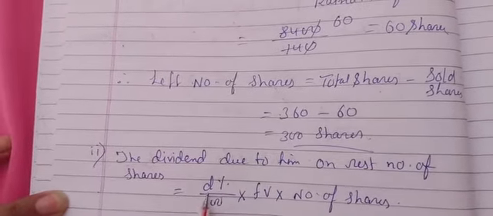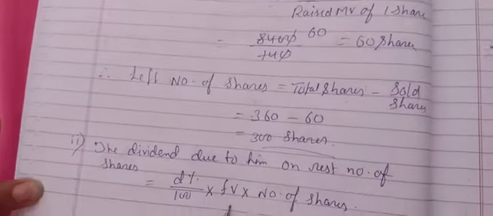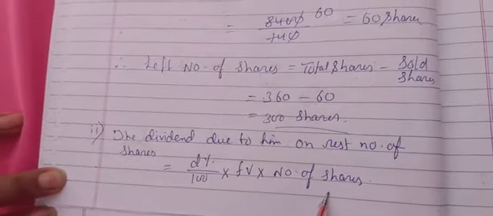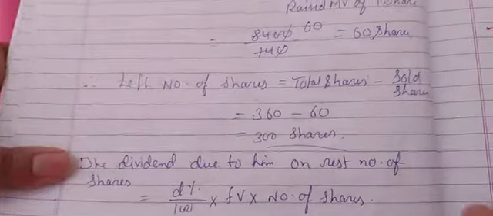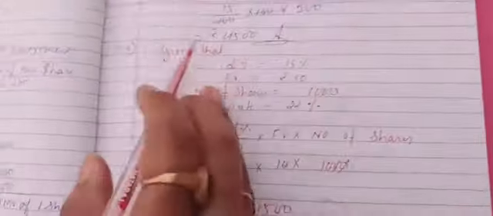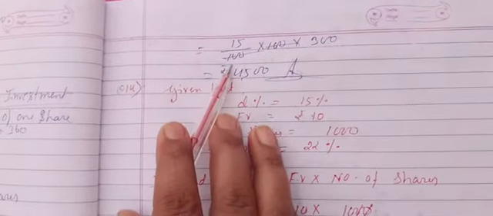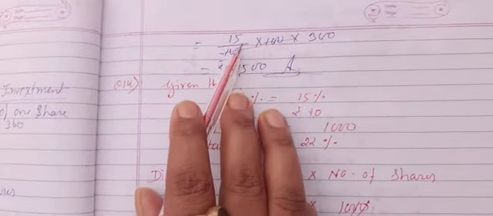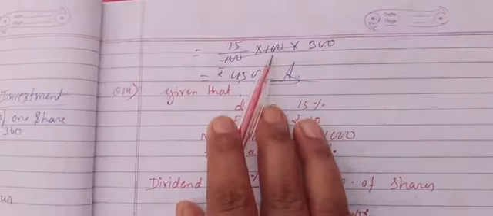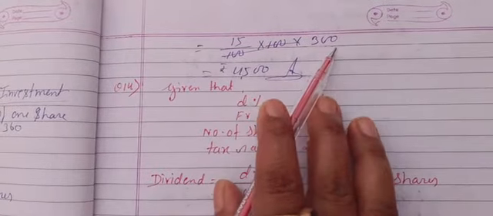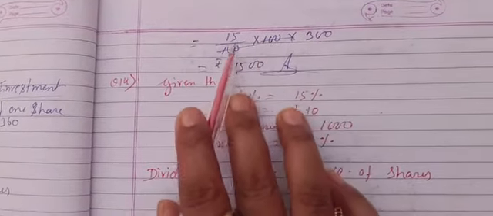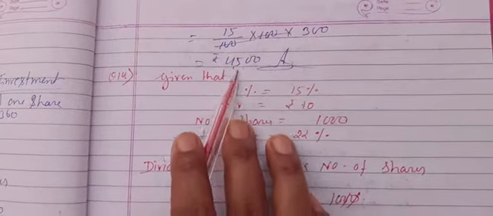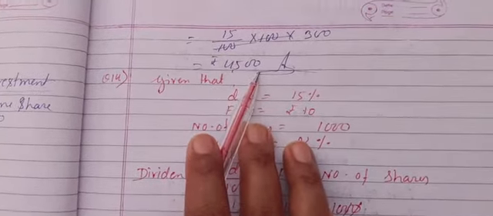In place of dividend percent we will write 15%, in place of face value 100, and the number of shares is now 300. So 15 by 100 into 100 into 300. The 100 cancels, and 15 into 300 means rupees 4500 was the dividend he earned.